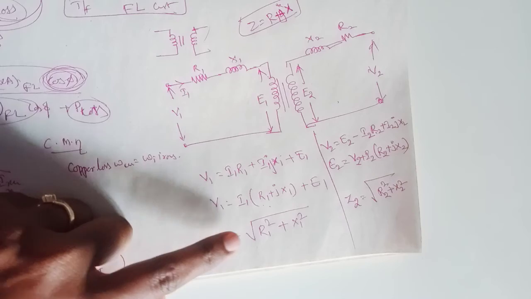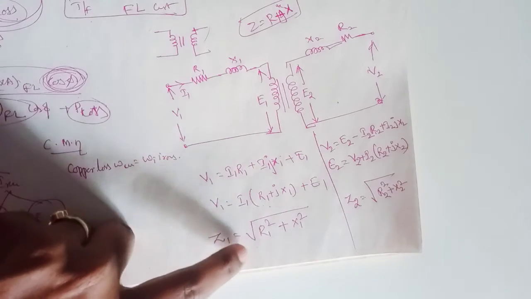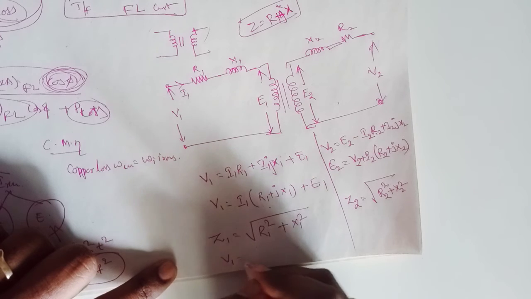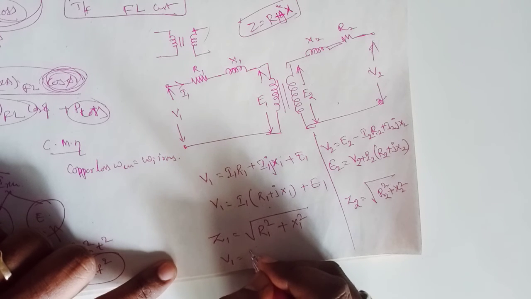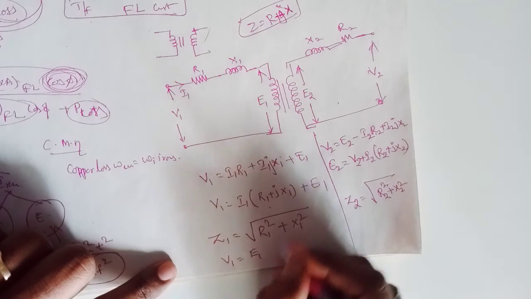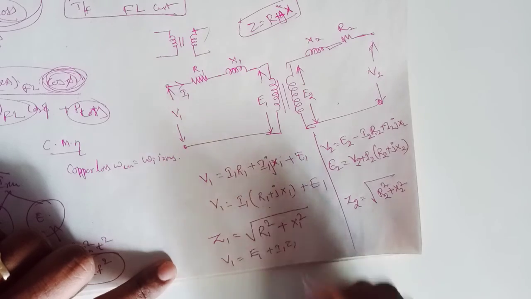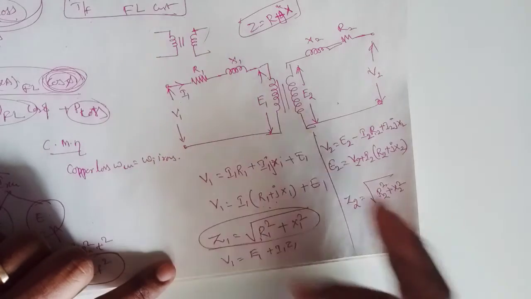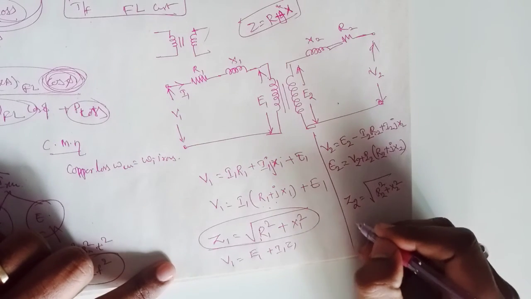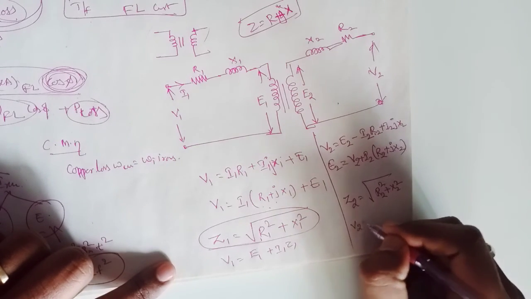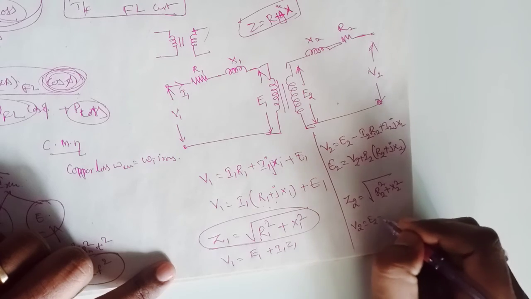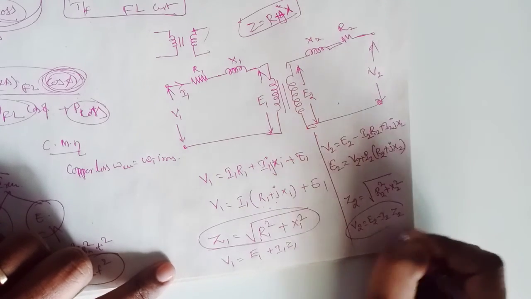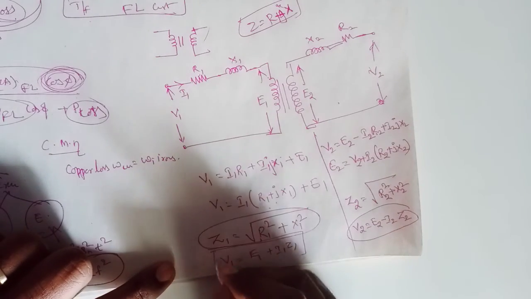If you substitute R + jX with Z1, the equation becomes V1 = E1 + I1 Z1, and similarly V2 = E2 - I2 Z2. These are the two basic equations.